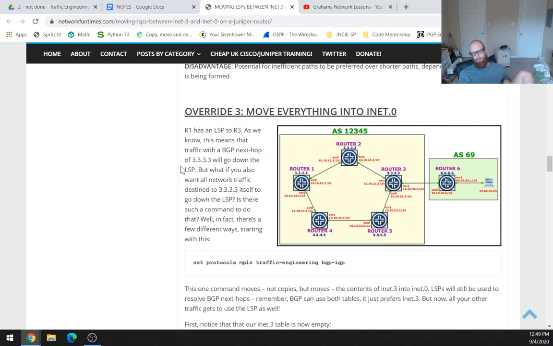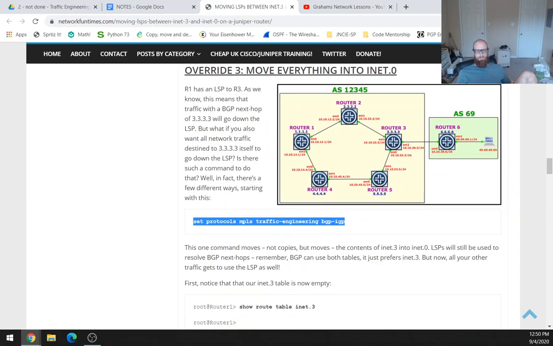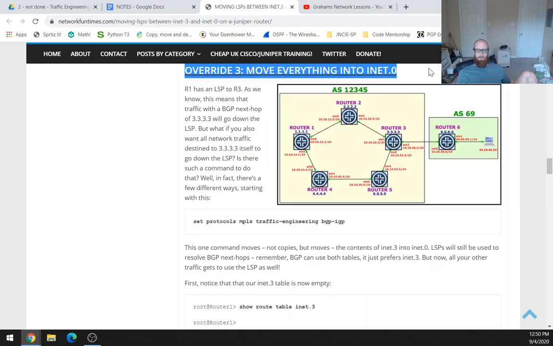Well, in fact, there's a few different ways, starting with this: set protocols MPLS traffic-engineering bgp-igp. Perfect. This is exactly what this was going to be about. So this is the override option 3 to move everything into inet.0.